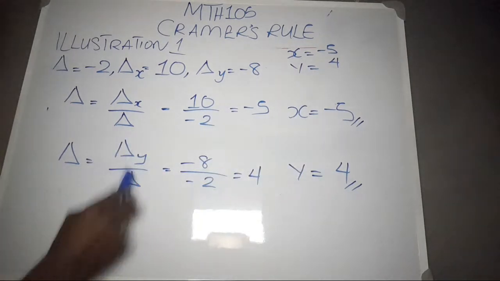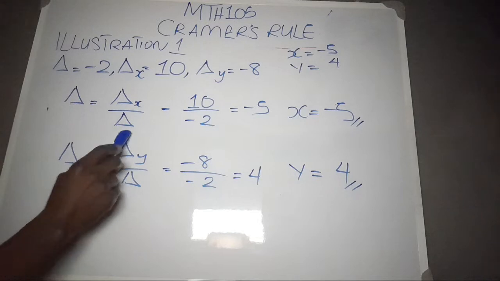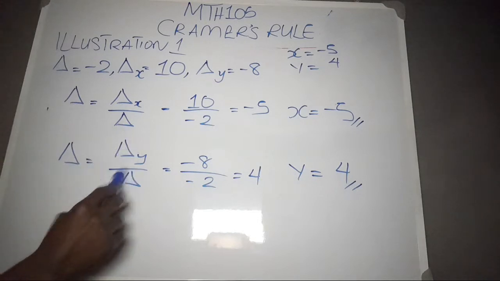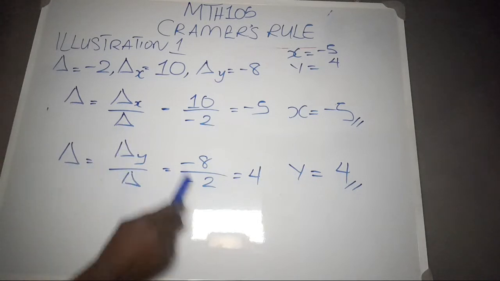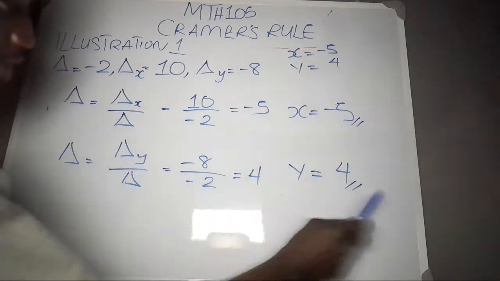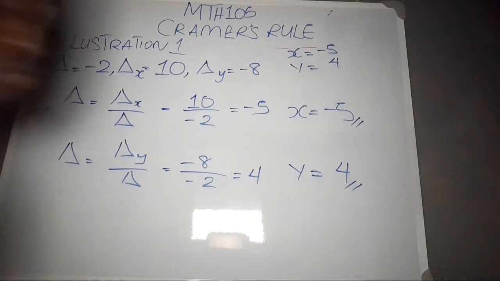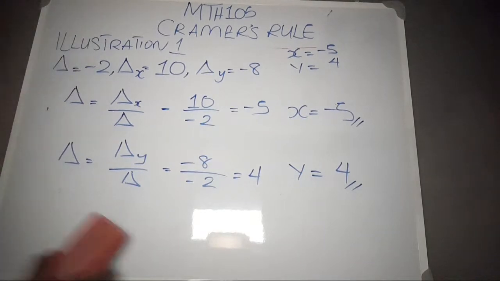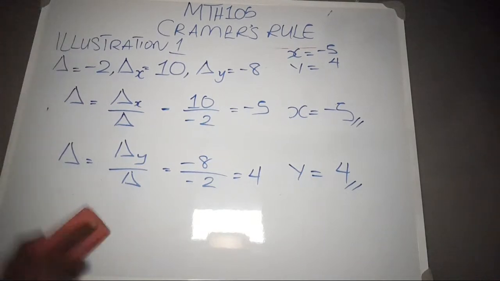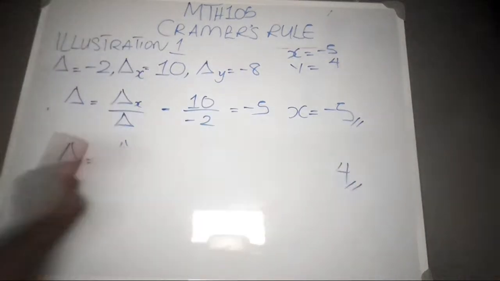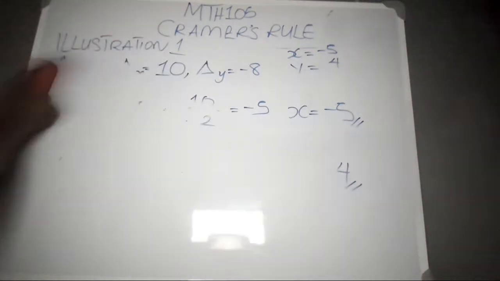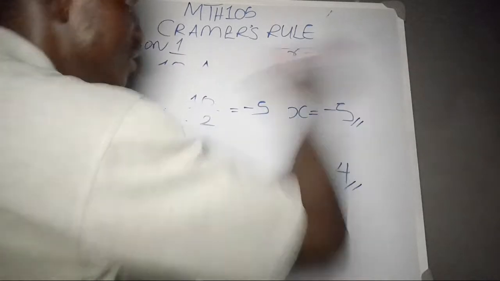Then y, this is the formula, the determinant of y divided by the determinant itself, which is minus 8 divided by minus 2, which is 4. So I believe that is well understood. We can move to the next example, which is going to be a little bit more in depth than this.